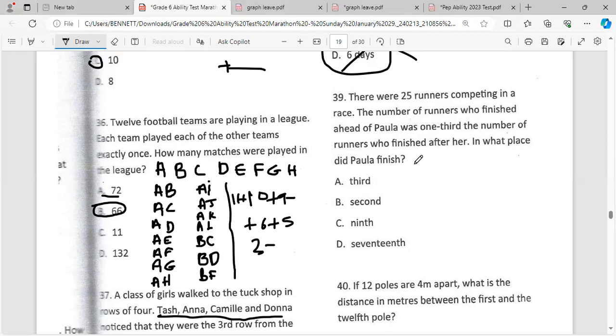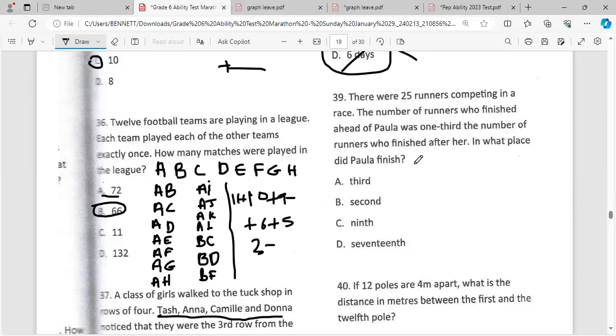All right, 39. There are 25 runners competing in a race. The number of runners who finished ahead of Paula was 1/3, and the number of runners who finished after her was 1/3. In what place did Paula finish? I don't even understand this, because I think they missed out something.